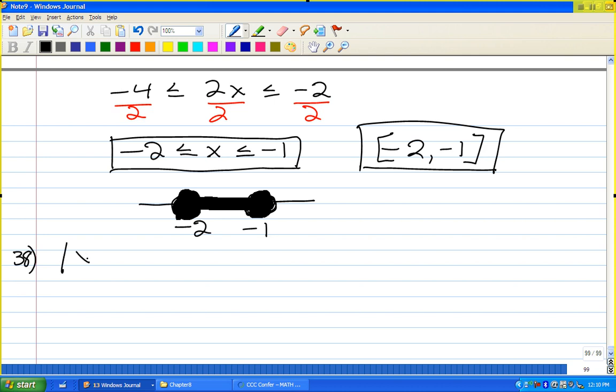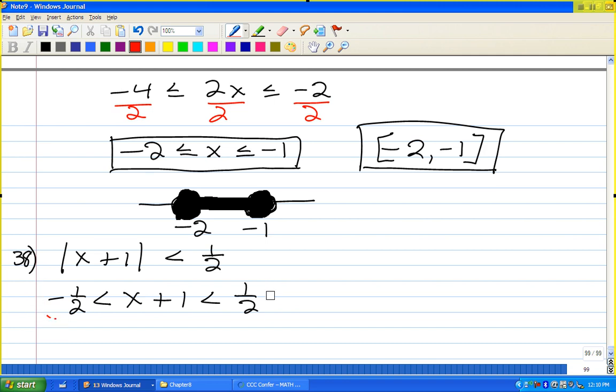Absolute value of x plus 1 less than 1/2. So this says that x plus 1 is between -1/2 and +1/2. Let me multiply both sides of my equation. No, there's an x in the middle. Let me not do that.